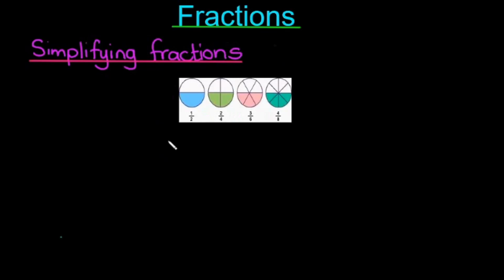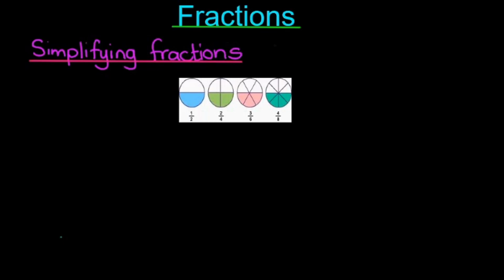So if we look at this picture over here, we have a half, 2/4, 3/6, and 4/8. All of them, as you can see, have been shaded, and certain sections have been shaded in the same spot.